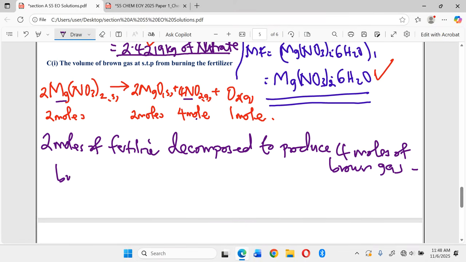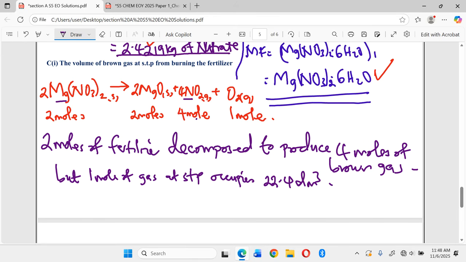But we know that 1 mole of gas at STP occupies 22.4 decimeter cubed.